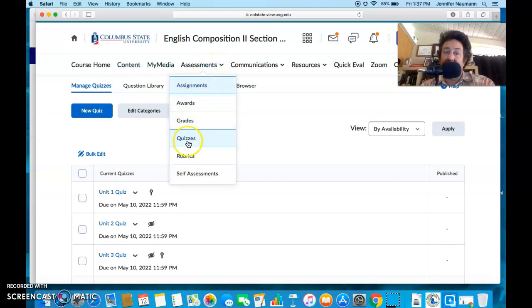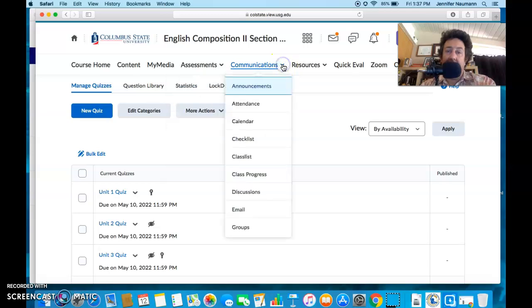Under assessments, you have quizzes. Do check the rubrics, do check your grades. Under communications, I do put a lot of announcements up, weekly announcements, just to keep you on track with the course. But mainly the discussions, there are things you would get points for in the course.